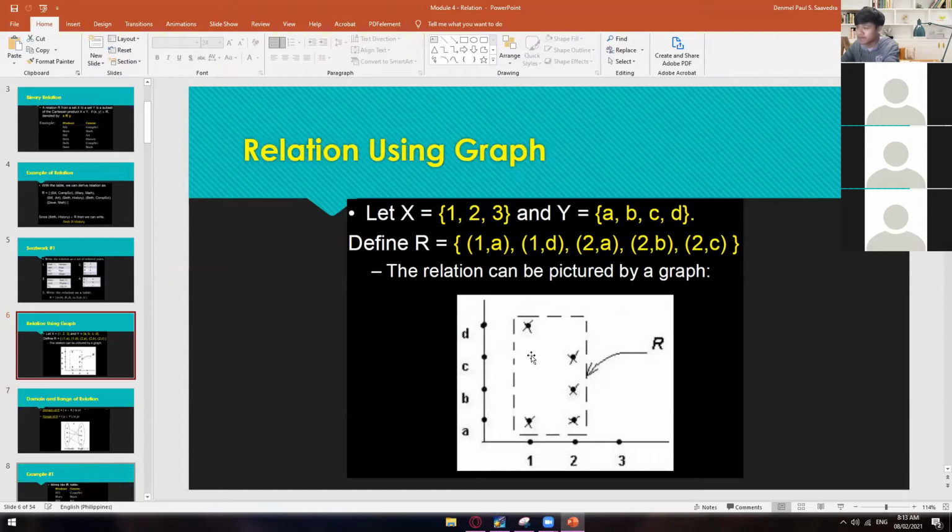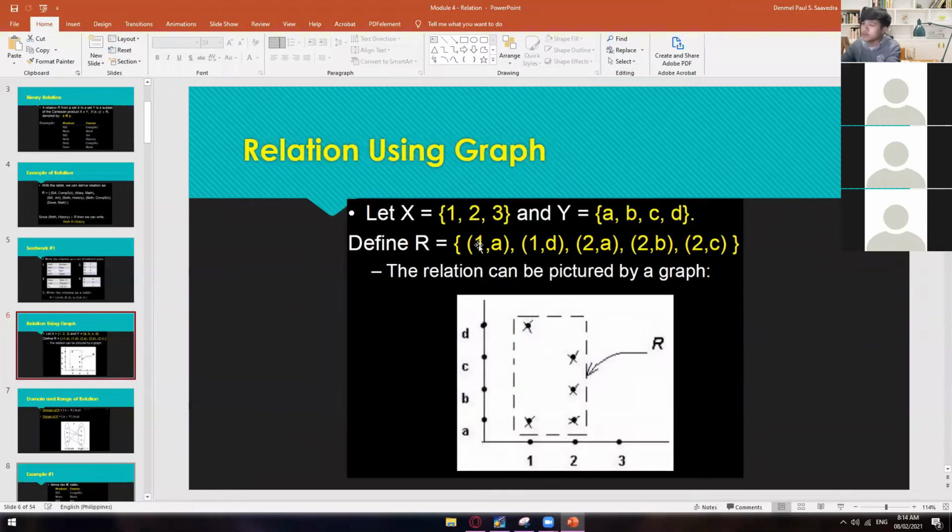Okay, so we have the y coordinates and then the x coordinates. So as you can see, the x coordinates is our domain, which is the first one, which is 1, 2, 3, and then the y coordinates is our range, which is a, b, c, d, which is labeled as you can see on our presentation.